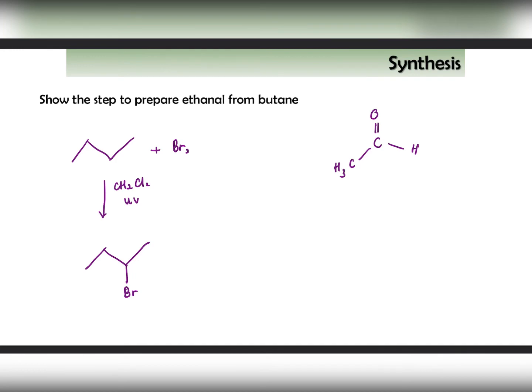Dia akan substitute at the most stable, dia akan pilih the most stable radical. Ini adalah your haloalkane. Macam mana nak hasilkan, jadikan dia alkene? So we must remove the Br dengan hydrogen. We must remove HBr here.